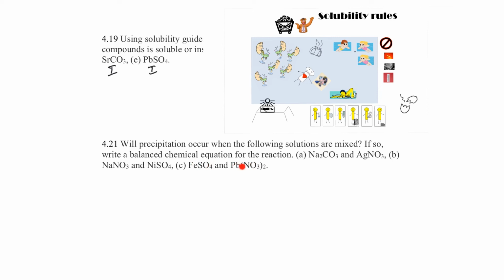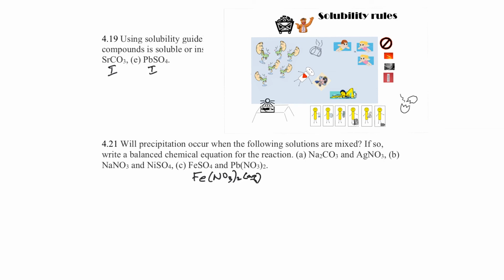What if the other one flips? Iron doesn't join with sulfate, but iron 2 would join with nitrate. All nitrates are soluble, so this would be aqueous. So it's not going to form anything, that one.